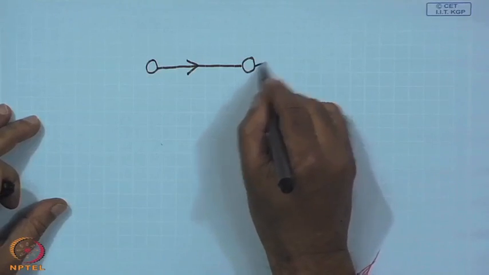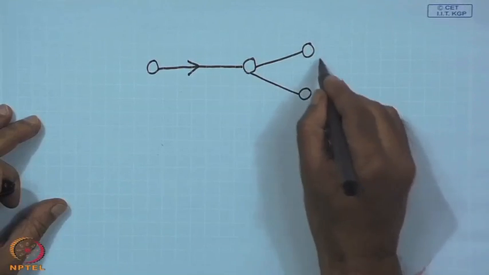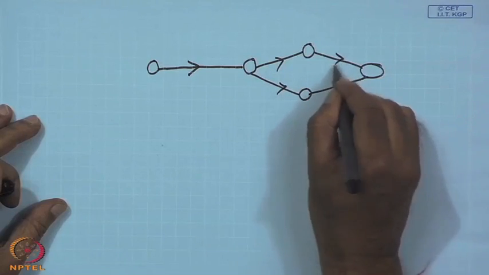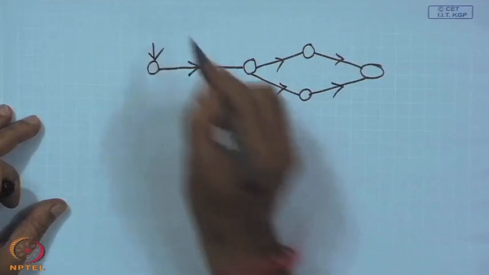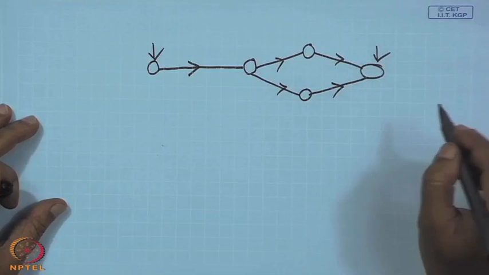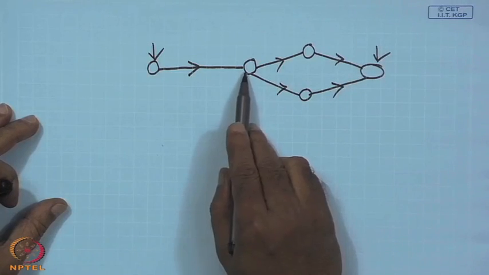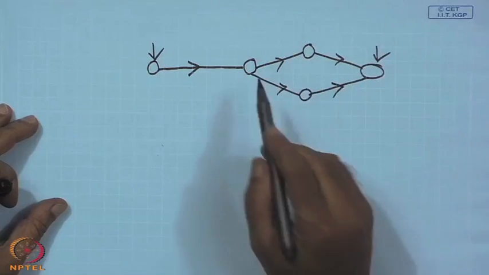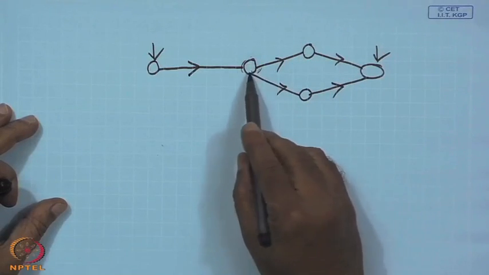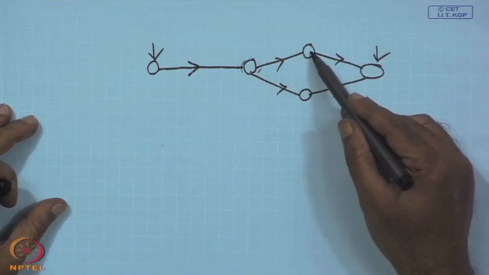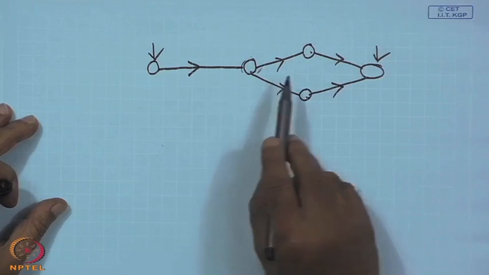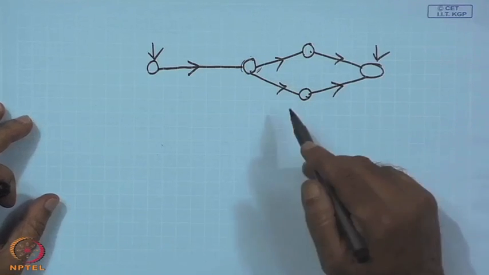I have drawn this, from here I may go something like this, and from here I am achieving this one. This is my starting position, this is my goal, that is, my ending position. Different activities are there, you are drawing the flows, and the activities have to be completed in time. If you see this activity, unless it is completed, I cannot start either this activity or this activity. Whenever you graphically represent your problem, we call that a network.